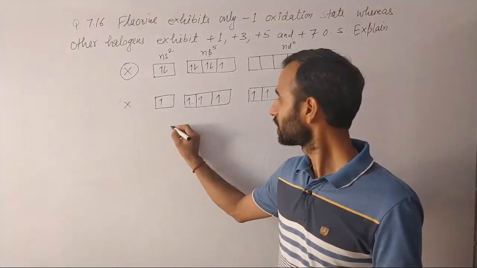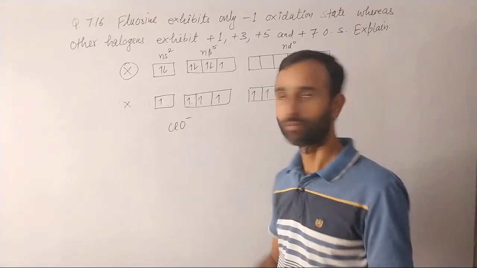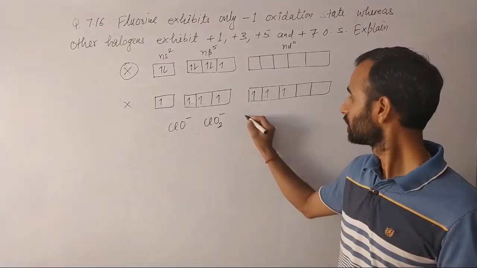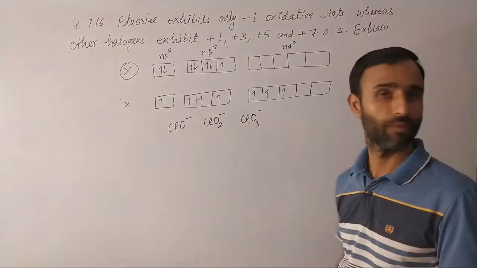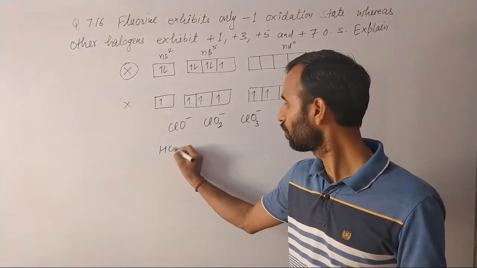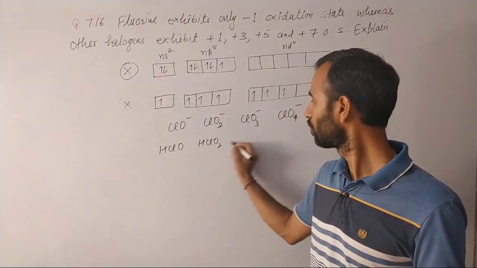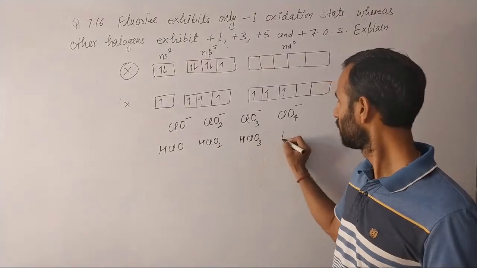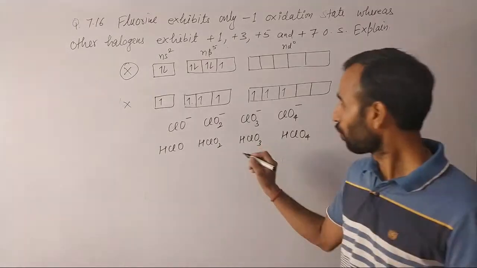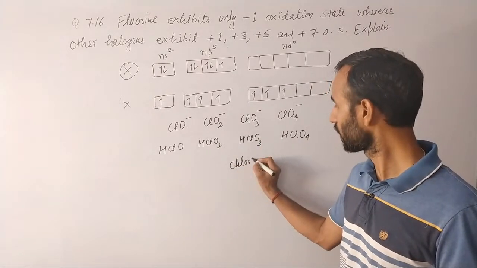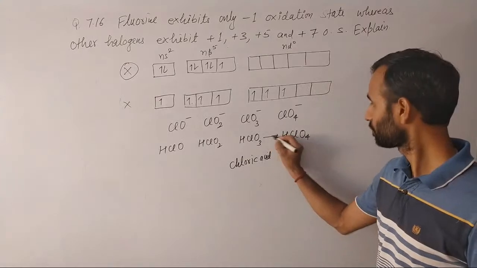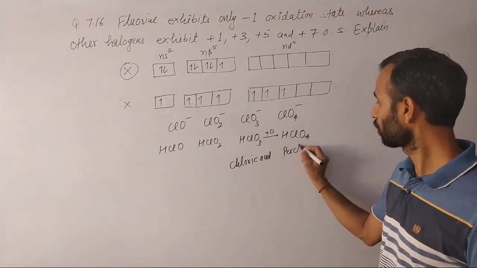Like we can say ClO negative, ClO2 negative, ClO3 negative, ClO4 negative, or you can write HClO, HClO2, HClO3, HClO4. Now see the name. HClO3 is called chloric acid. So if one more oxygen is added, then it becomes perchloric acid.